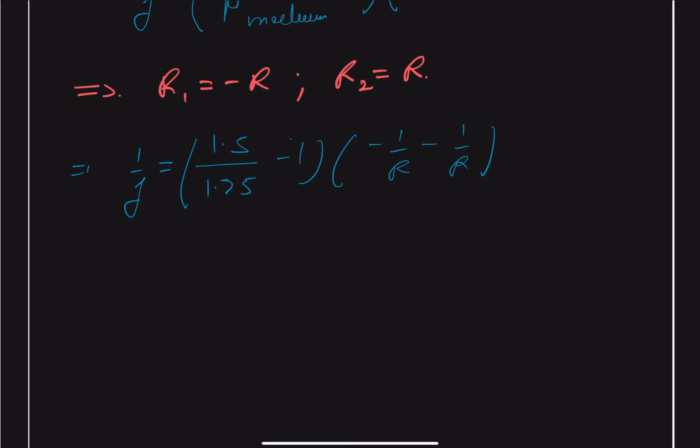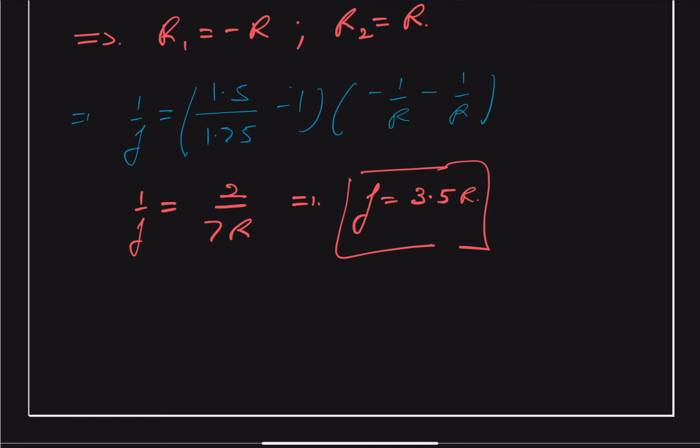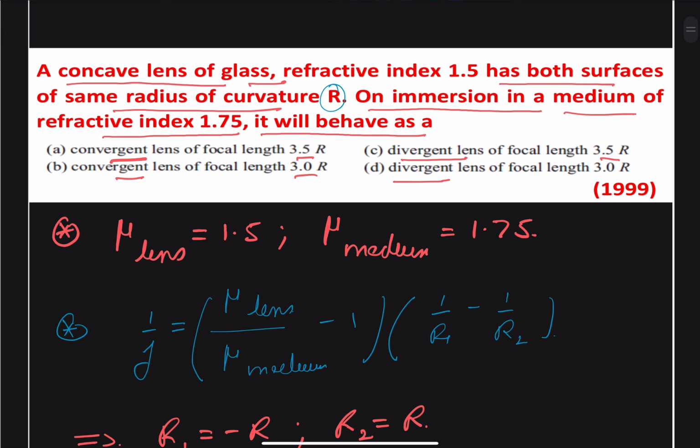So we can easily write that 1 upon f will be equal to 2 upon 7r, or from here f will be equal to 3.5 times r. So at least for the focal length we are clear that it will be 3.5 r.